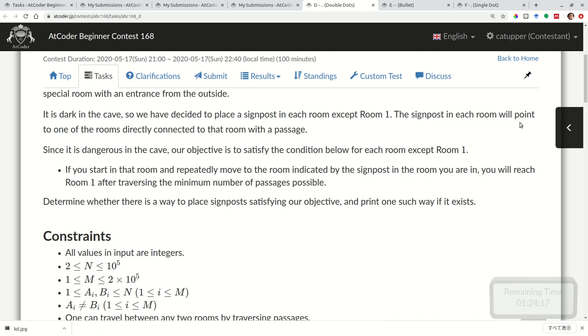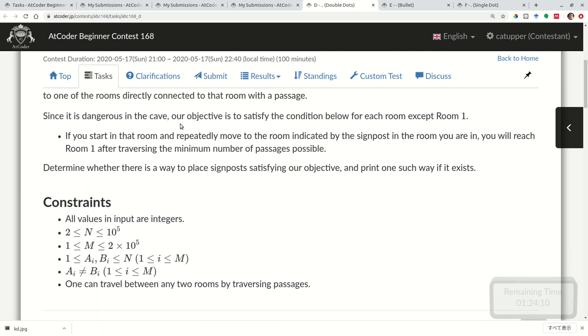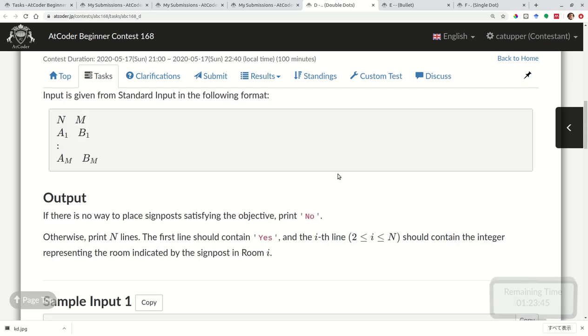The signpost in each room will point to one of the rooms directly connected to the room with a passage. Since it is dangerous in the cave, our objective is to satisfy the condition below for each room. If you start in a room and repeatedly move to the room indicated by the signpost in the room you are in, you will reach room 1 after traversing the minimum number of passages possible. Determine whether there is a way to place signposts satisfying our objective, and print one such way if it exists.